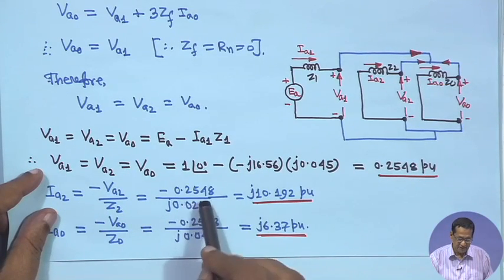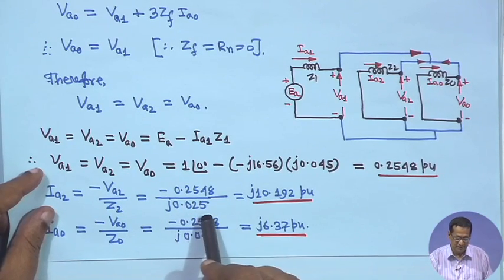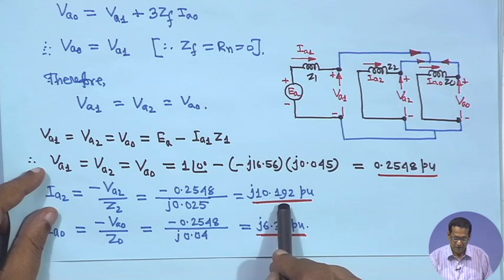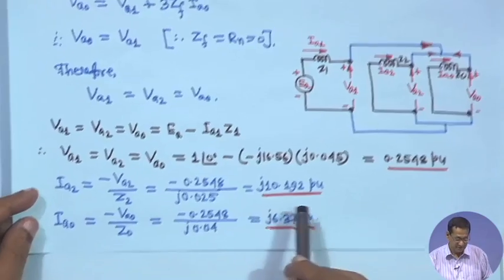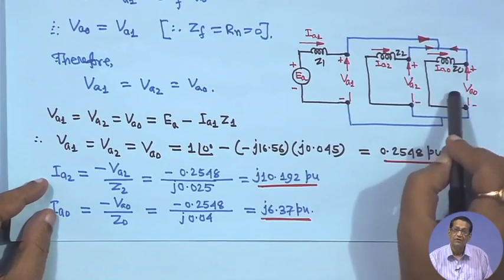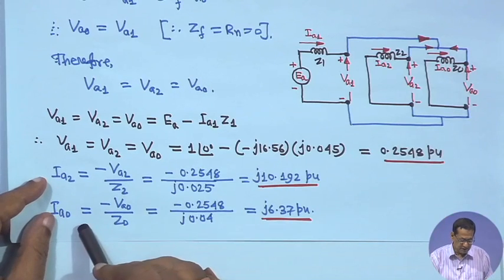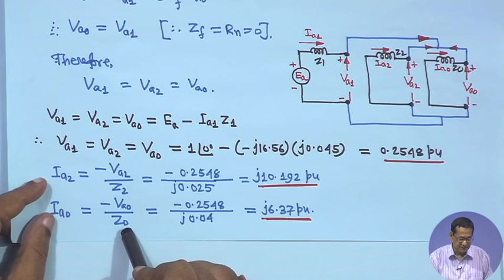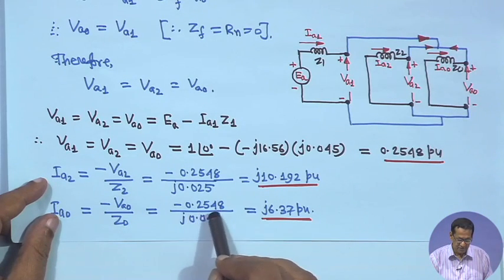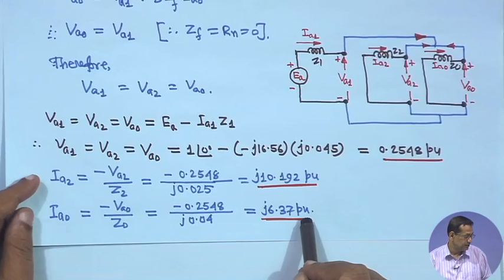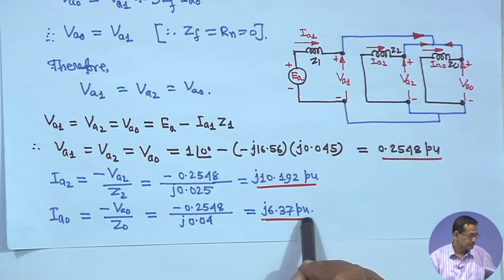So, it is minus 0.2548 divided by J 0.025, that is J 10.192 per unit. Similarly, here also same way you can do it, I A 0 into Z 0 plus V A 0 is equal to 0. So, you will get I A 0 is equal to minus V A 0 upon Z 0, that is minus 0.2548 by J 0.04, that is J 6.37 per unit.